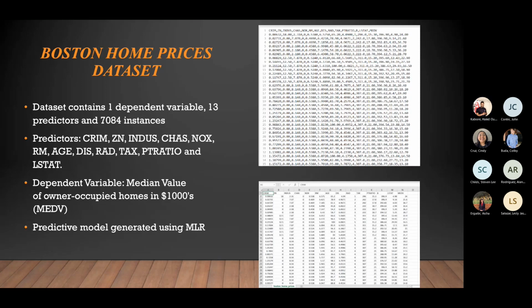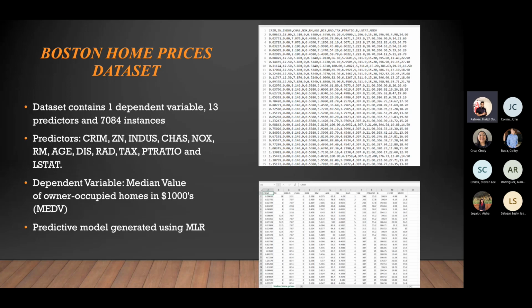So as you can see, we have tables. We put some pictures on the right side, but we have to know that the data set contains one dependent variable, 13 predictors and 7,084 instances. So for the predictors, we have CRIM, which means the crime rate per capita by town.